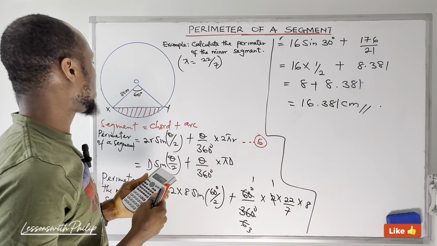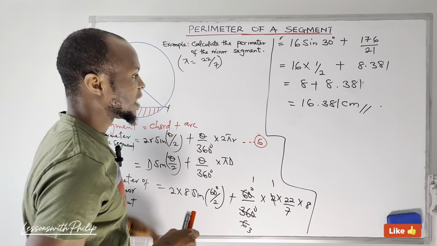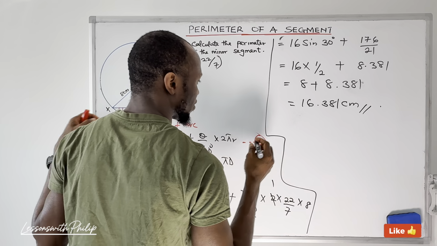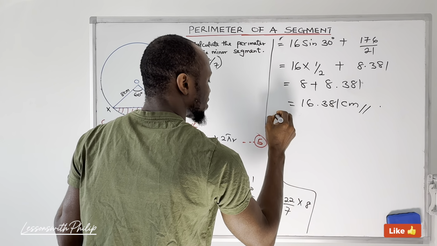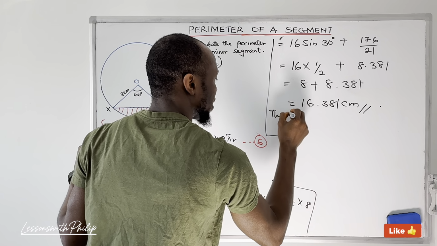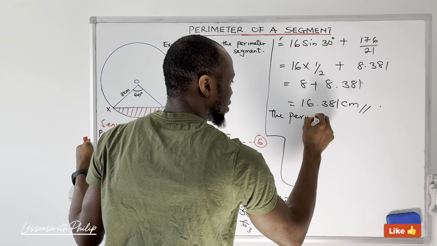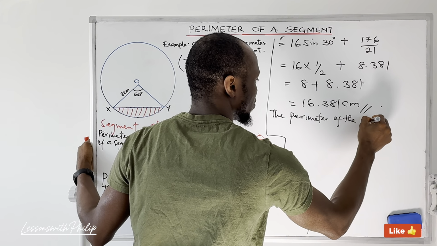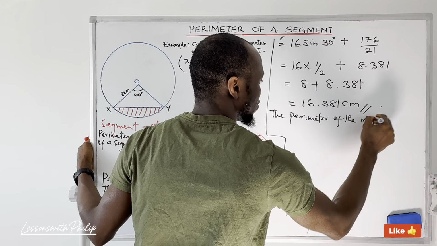If it is the major segment I'm asked to find, I'll use the same method to calculate the perimeter of the major segment. It's still the same formula, but the only thing is my theta will change.